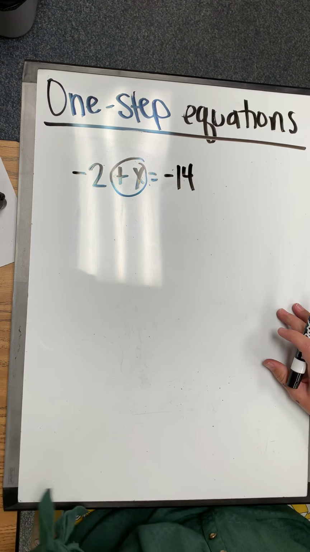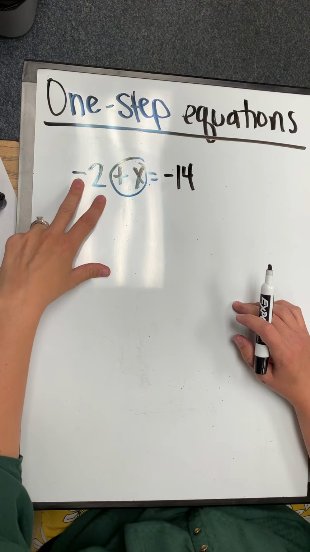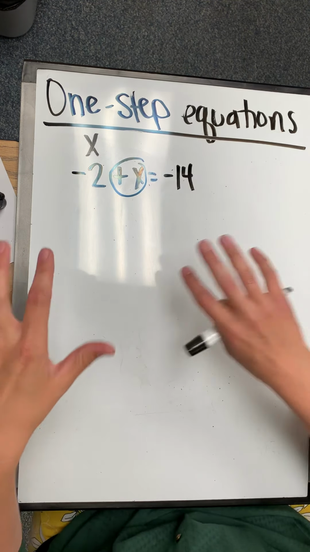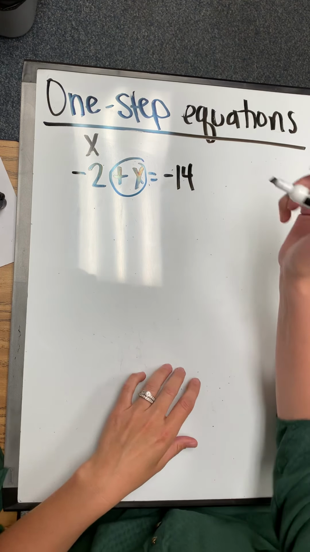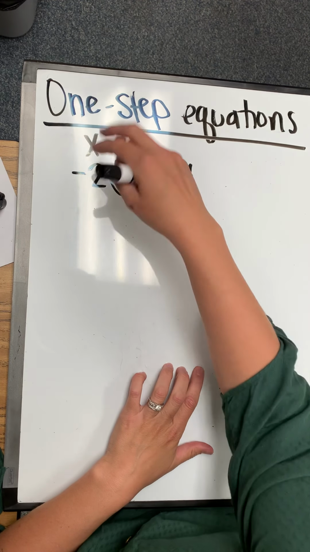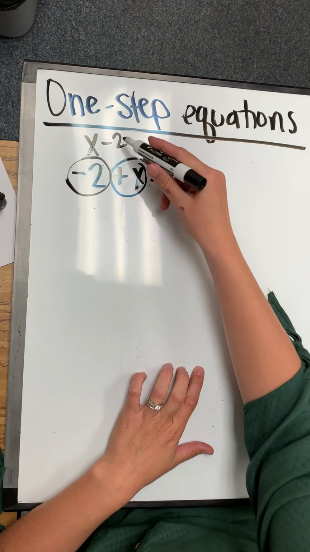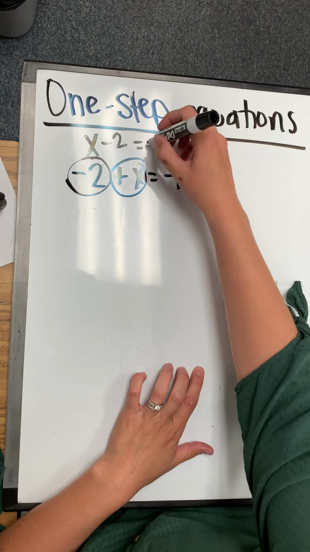So we need that positive variable. This is actually what's happening to it. And I could really rewrite it. Remember, we can change the order of it as long as we don't change the value. So I can change this order of x to -2 because my value is still that -2. Do you see that? Is equal to -14.